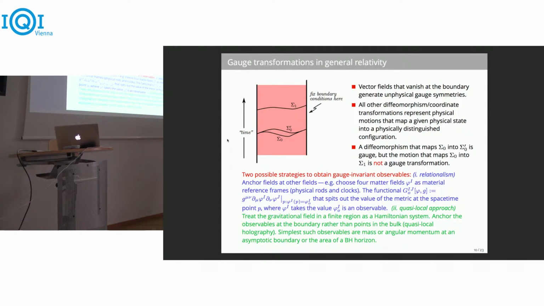And what you find is the following. Diffeomorphisms or coordinate transformations of compact support within the interior of this region are gauge transformations. So moving from sigma 0, a partial initial hypersurface that is locked at the boundary, to sigma 0 prime is an unphysical gauge transformation.